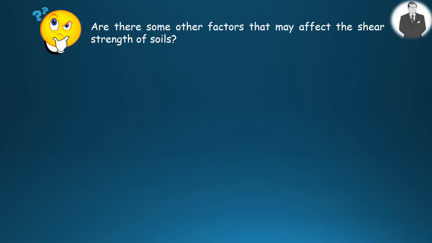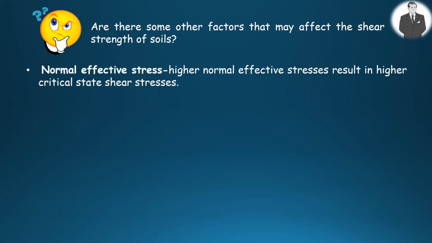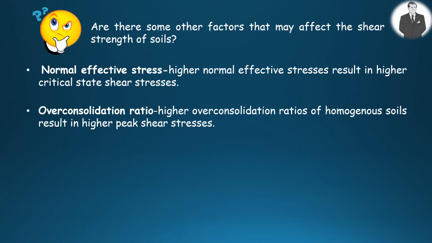Are there some other factors that may affect the shear strength of soils? Yes, there are. One of them is normal effective stress. The higher the normal effective stresses are, the higher the critical state shear stresses. Another factor is the overconsolidation ratio.